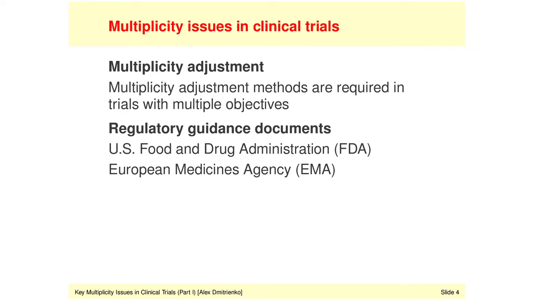And importance of multiplicity adjustment methods has been recognized in multiple regulatory guidance documents. This includes, of course, the ICH documents, the International Conference on Harmonization, as well as guidelines published by the US Food and Drug Administration and the European Medicines Agency. I will share more information on the relevant FDA and EMA guidelines later.